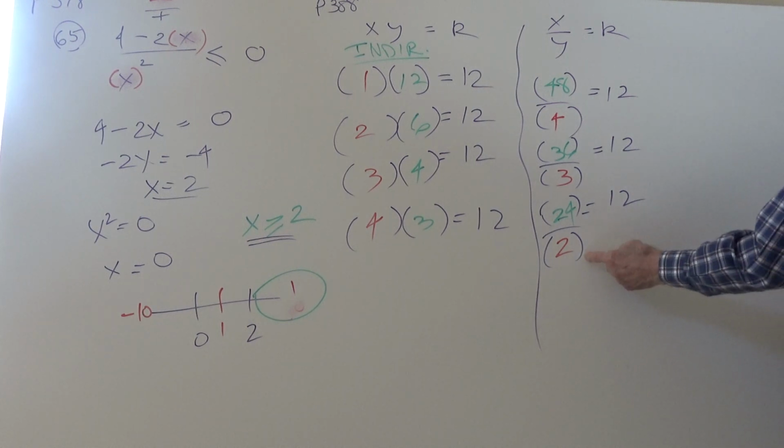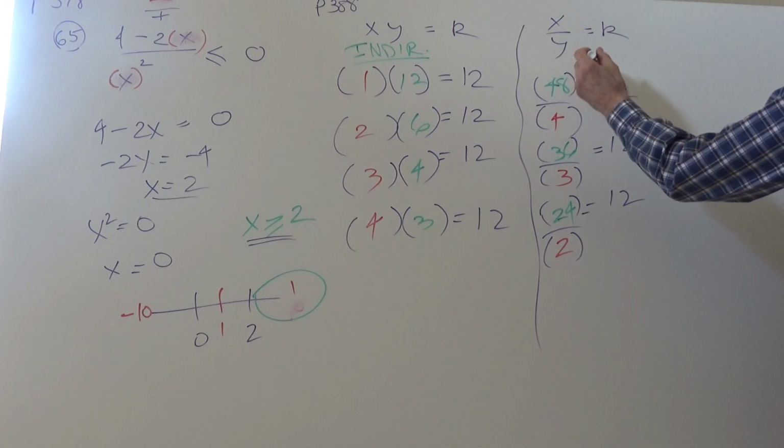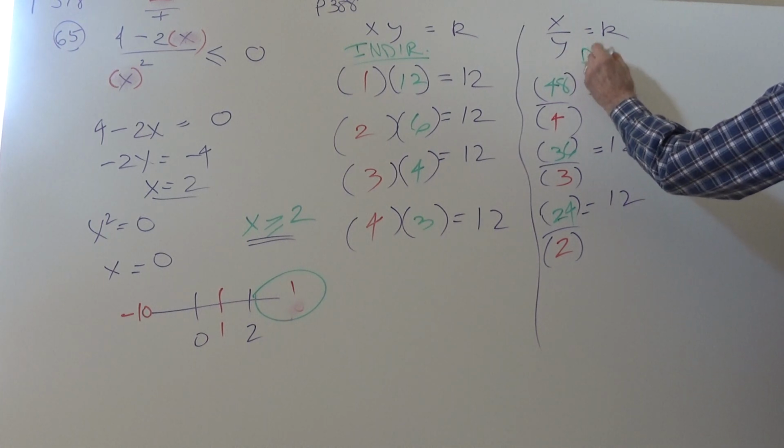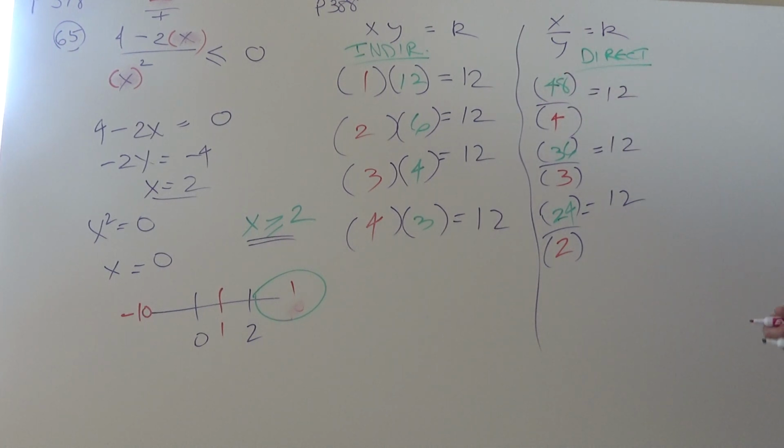If we go up, 2, 3, 4, and 24, 36, 48, both are increasing. So both x and y are increasing when going upwards or downwards. We call this direct variation. So looking at x over y equals k, we're going to call that direct variation. So these are our two variations.